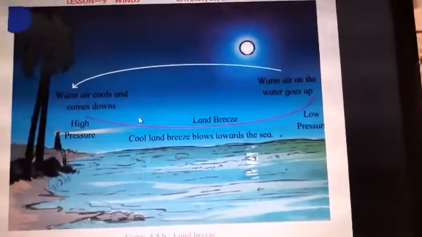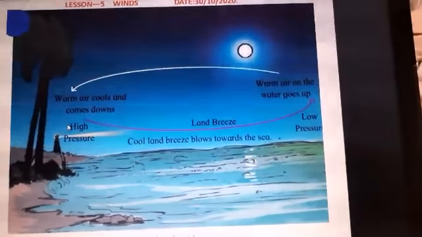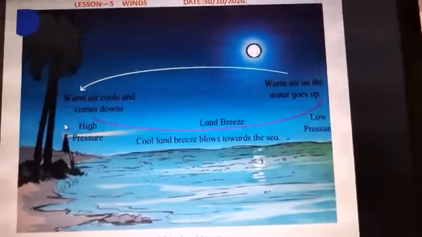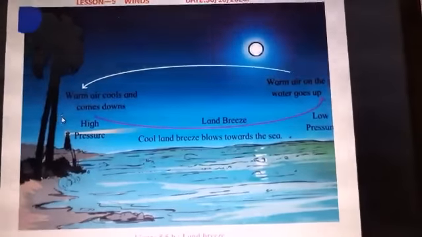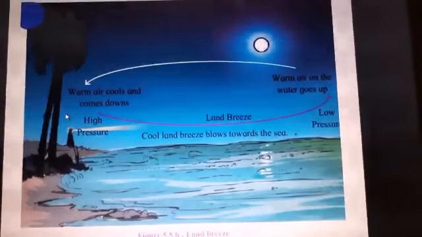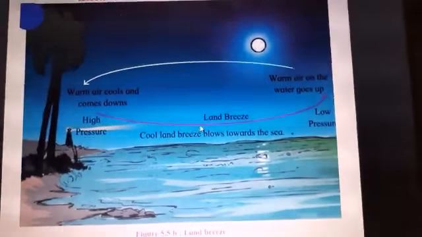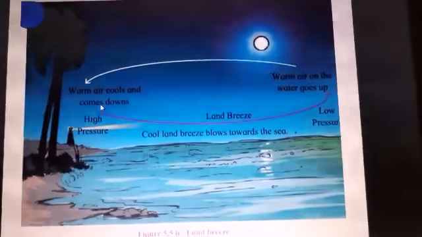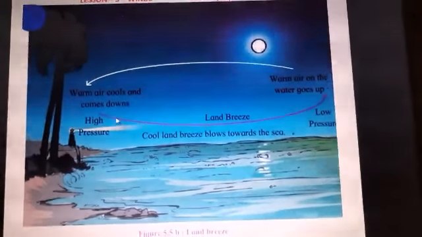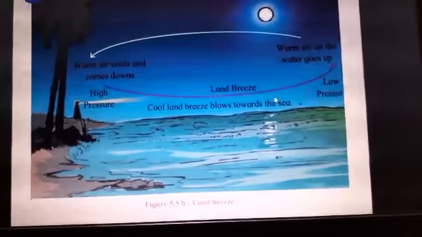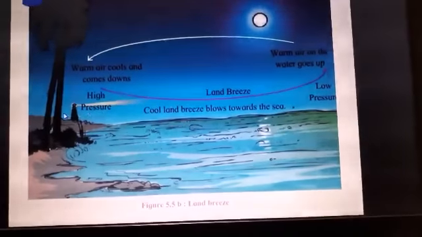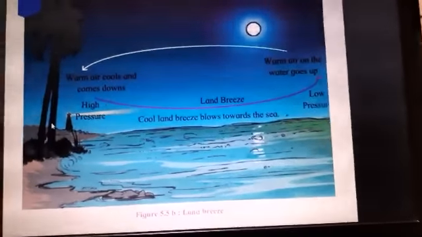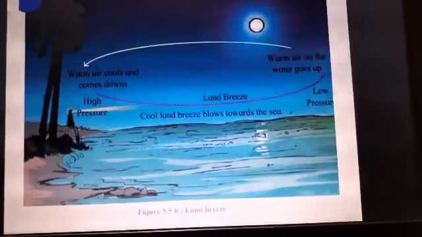Right. Now winds in the night time, from where are they blowing? Air pressure is high on the land. So winds blow from land towards the sea. Understood? From land towards the sea, that is, from the high pressure area to the low pressure area. And as they are blowing from the land, where are the breezes blowing? Over the sea.